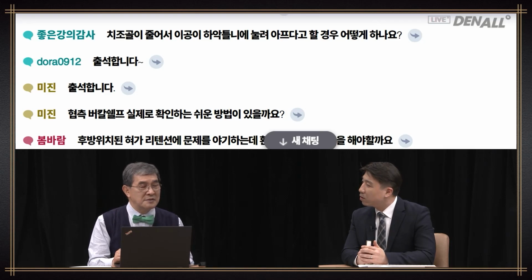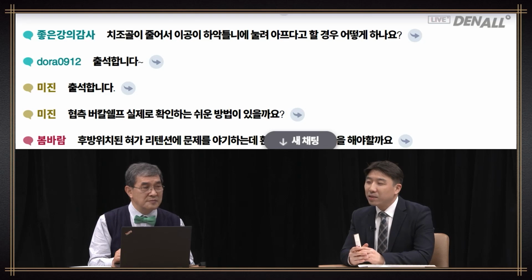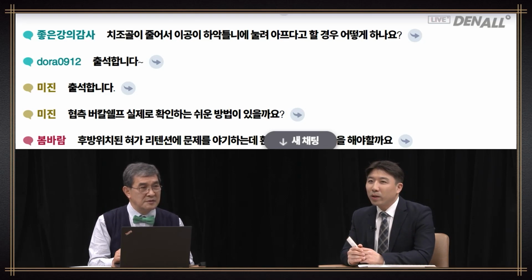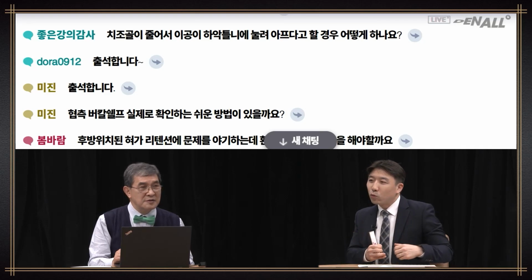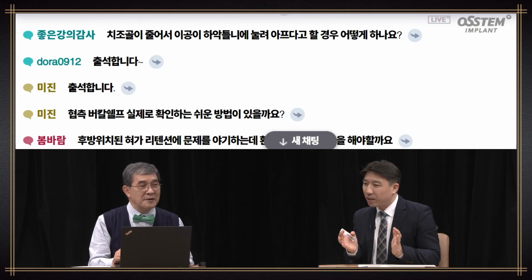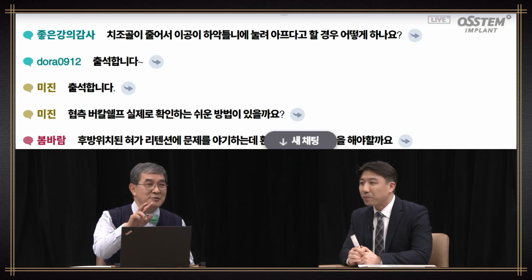If the patient complains of discomfort, we need to provide relief. If alveolar bone resorption is so severe, in such a case, a full denture may be okay, but we can also recommend an implant-supported overdenture. I think it'll be better if we can get the support and retention coming from the implants.